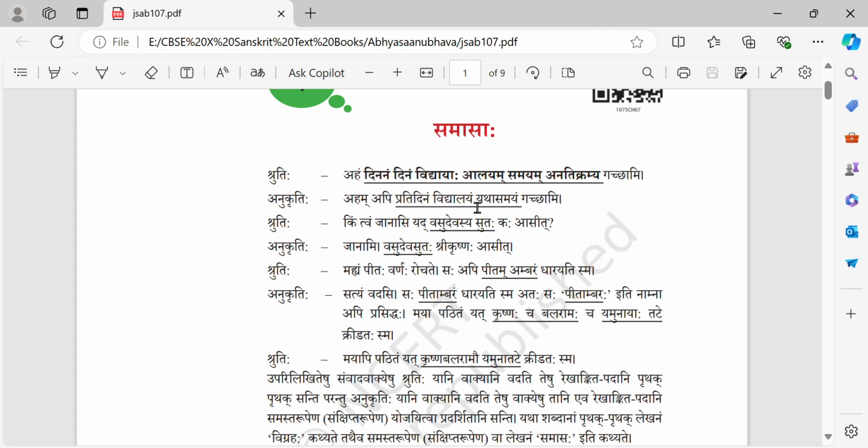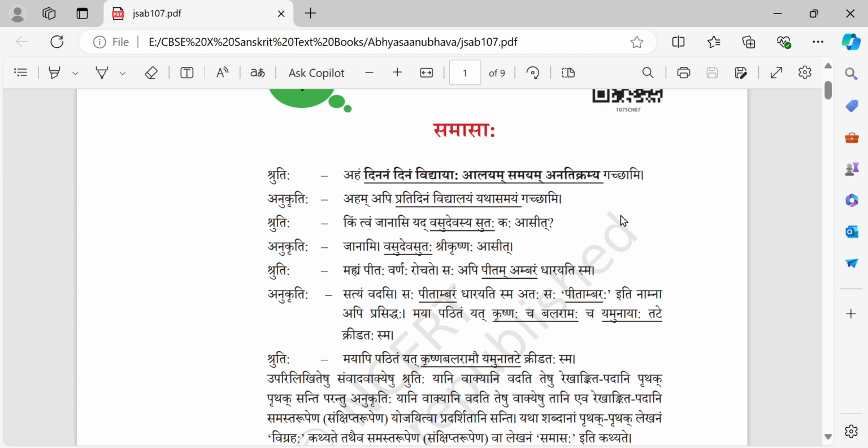For example, I'll give you one general example. Devasya Alayam, Devalayam. Devasya, here again Shashti Vibhakti we add. Every Samasa is split according to its meaning only, adding Vibhaktis. Devasya Alayam, Devalayam. But take the example of Sandhi.